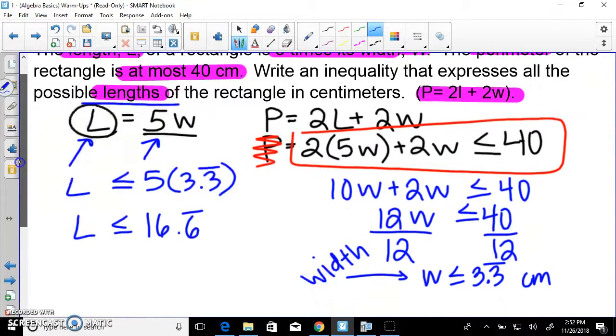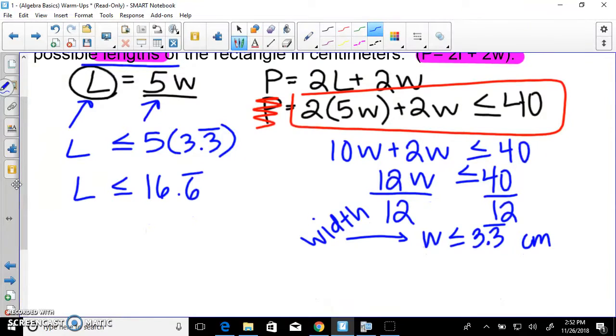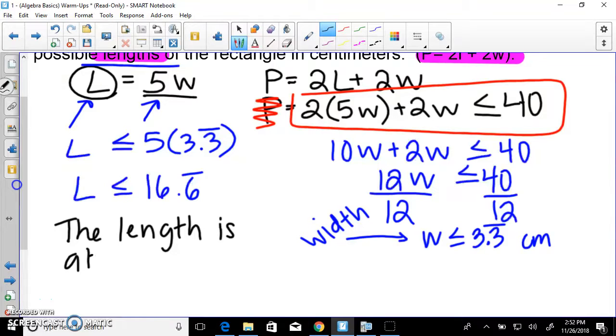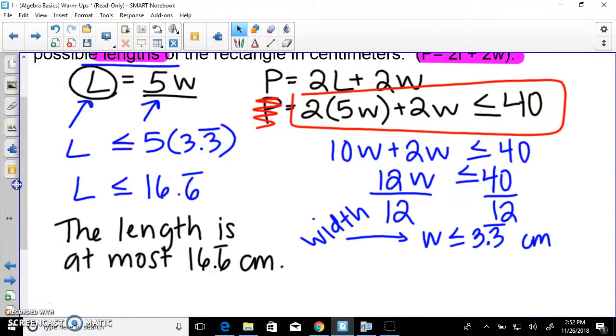Again, this is a situation that started with words, so our answer needs to end in words. So the length is at most 16.6 repeating centimeters. And that's it.